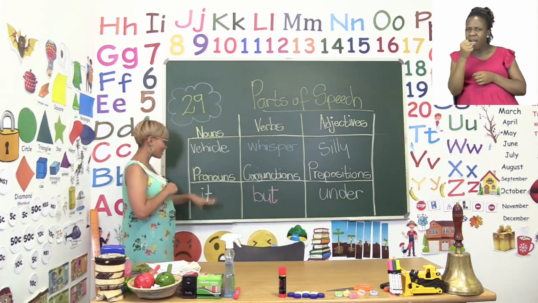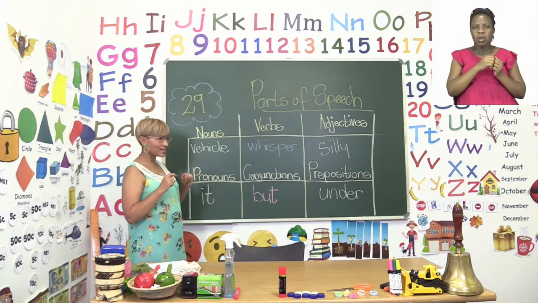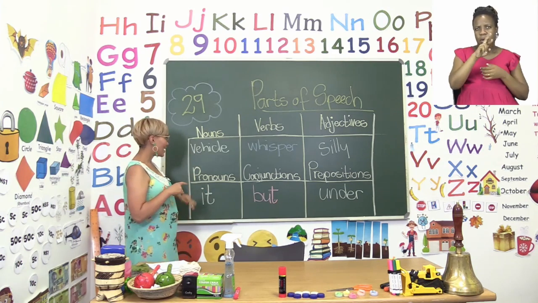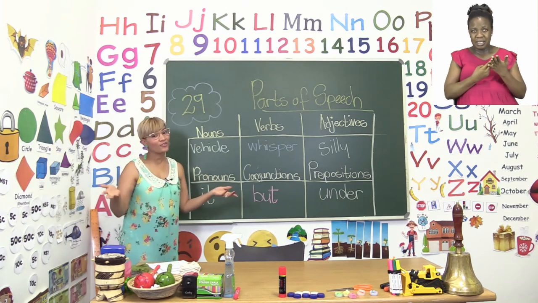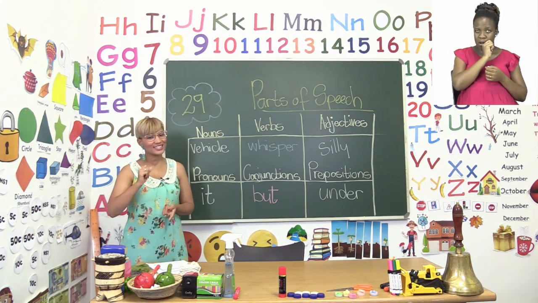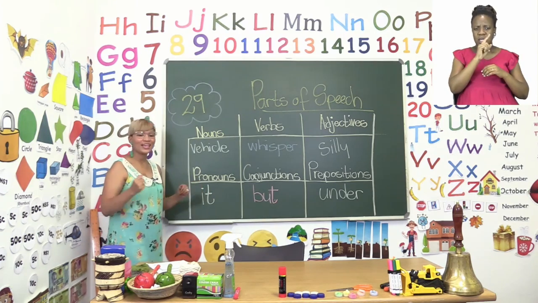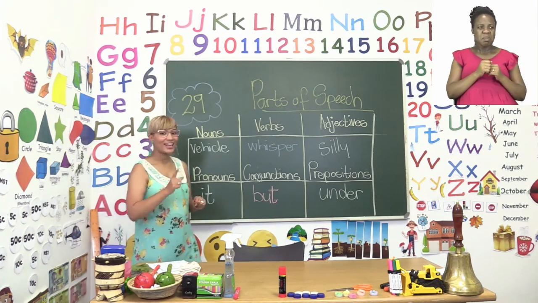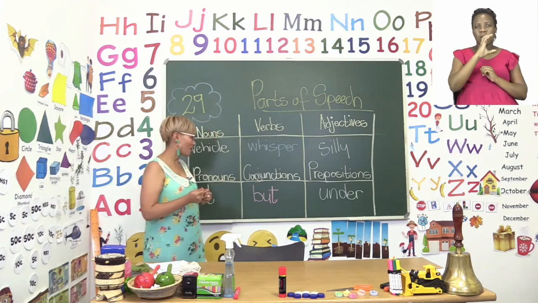And then we have our pronouns. A pronoun replaces a noun in a sentence. So instead of saying vehicle, vehicle, vehicle over and over again in one sentence, you can replace it with it or any other pronoun. It is your job to find any other pronouns from the word bank.